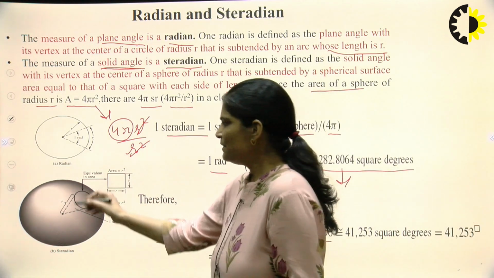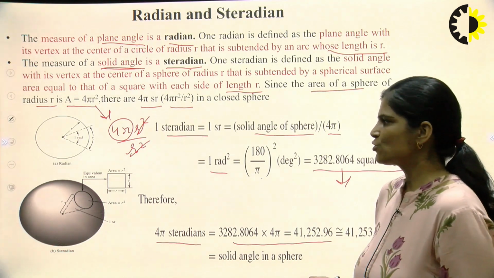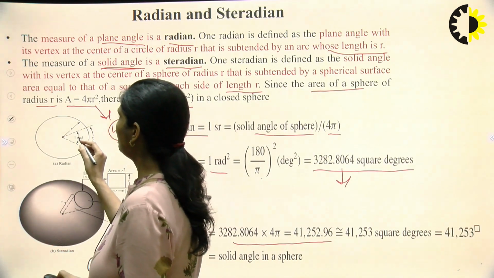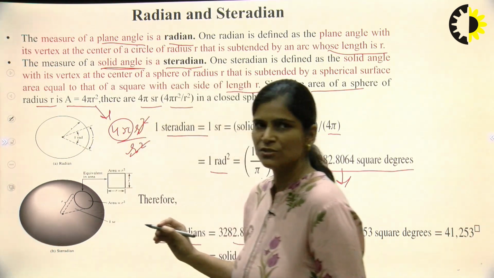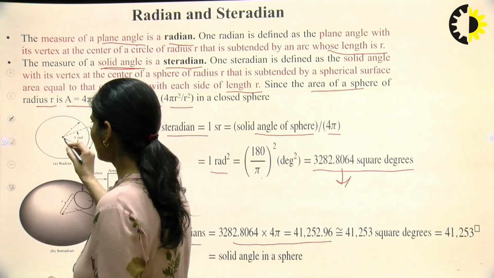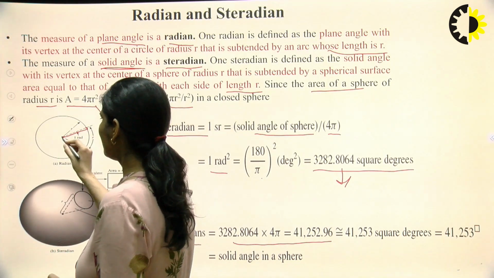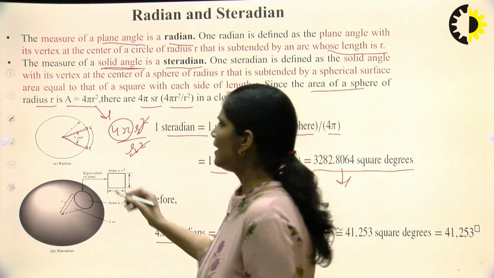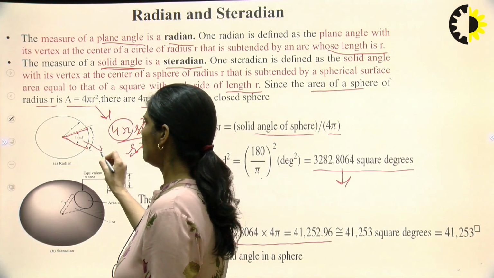Now here, let it be you have a sphere or you have a solid space. If you want to measure the plane angle, you can easily find out. Let it be you have a circle, and this is your radius r, this is also radius r, so you can find the angle between these two radii, and that is represented by 1 radian.